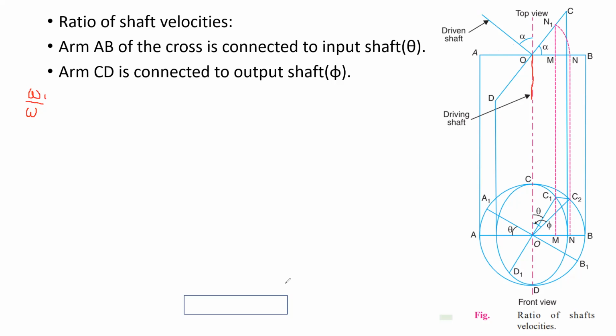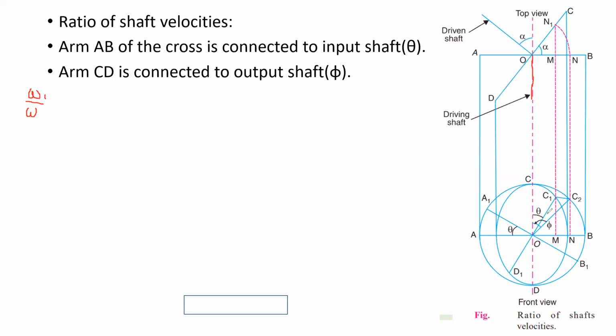just a second, okay. So you will find that if you are looking from the front, you will see that arm AB is rotating in a circular path like this. When you observe the motion of arm AB, it will be rotating in a circular path.